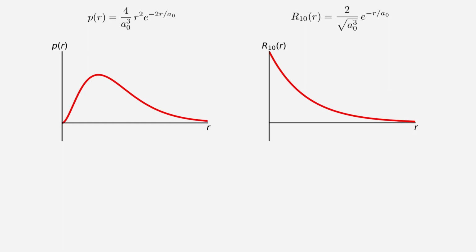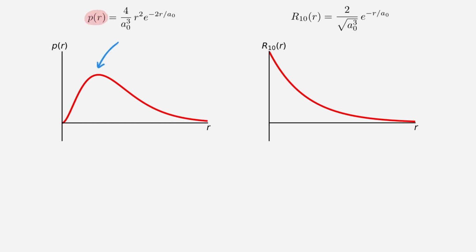How is it possible that, given the shape of the wave function, the probability of finding the electron at a distance r from the proton has the shape shown on the left with a clear maximum some distance away from the origin? To properly understand this behaviour, we need to remember that we really have a 3D system, and apart from the radial direction shown in these plots, we also have angular directions.